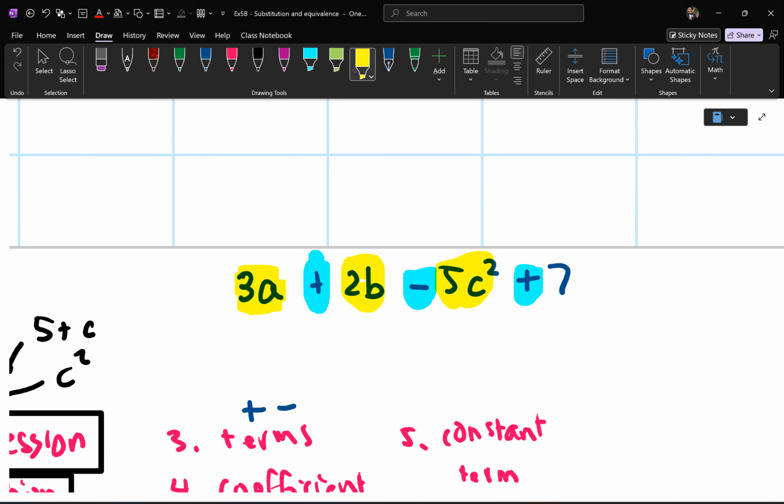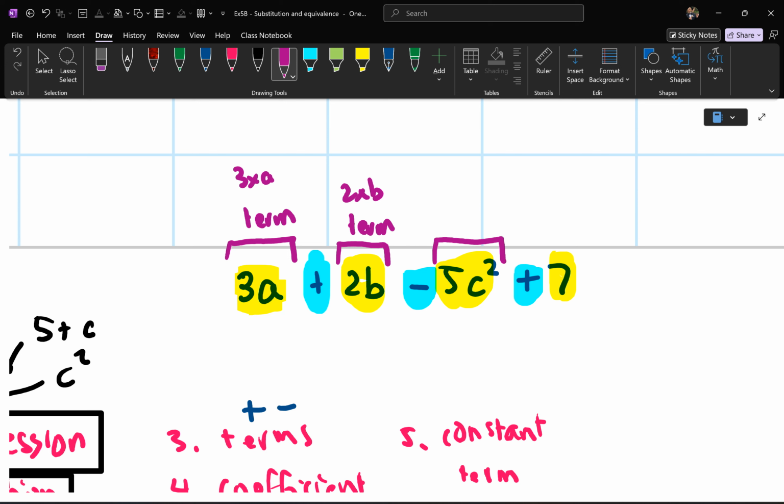So how many terms are there? This is called a term. That's a term. That means 3 times a is a term. This is a term, because that means 2 times b. That's a term. This is a term. 5c squared means 5 times c times c. Because c times c is c squared, and 5 next to c squared means 5 times whatever c squared is. That's a term.